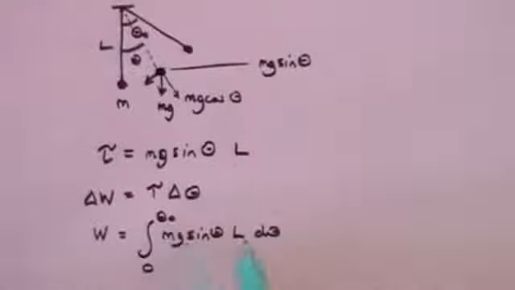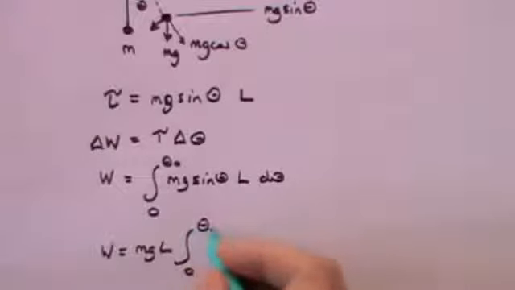Well, m and g and L are all constants, so they can come outside the integral. That leaves us now an integral between naught and theta naught of what's left, which is sine theta d theta.